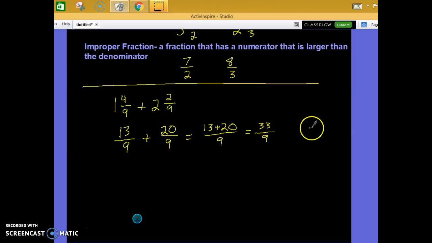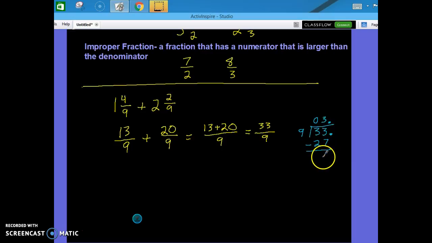So to rewrite this, we're going to do 33 divided by 9. Go ahead and put our decimal. 9 doesn't go into 3, but 9 goes into 33, and it goes in there 3 times. 9 times 3 is 27.